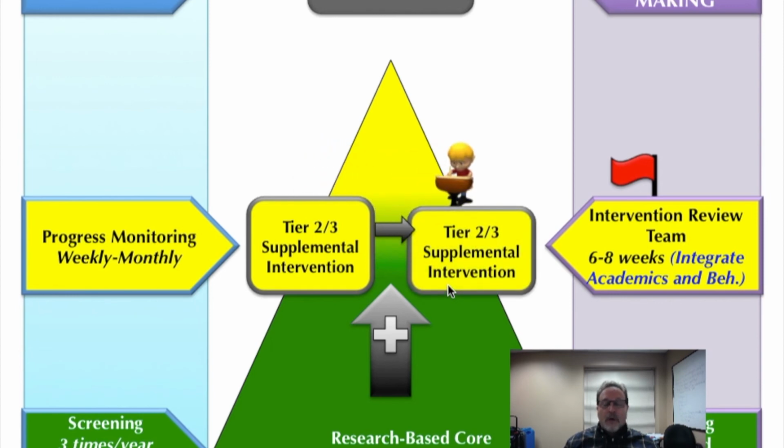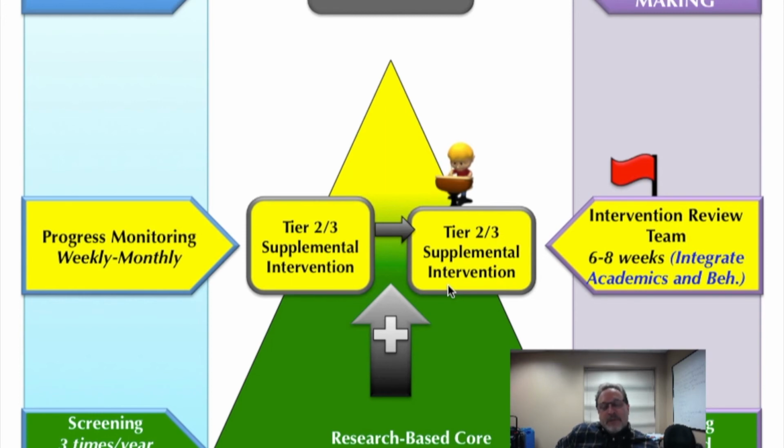Or oftentimes there is a need for an additional tier 2 or 3 intervention if the student wasn't making progress. So if the student's not making progress, you may modify, you may tweak, or you may really add another intervention that is pretty significantly different. You may determine that you had selected a less than appropriate intervention program that wasn't focusing on the key things that, after some additional data collection, you've determined to be critical for that student, or whatever the case might be.